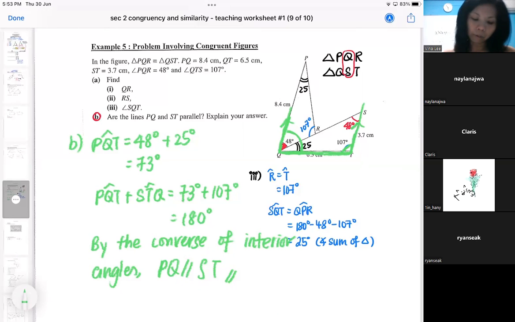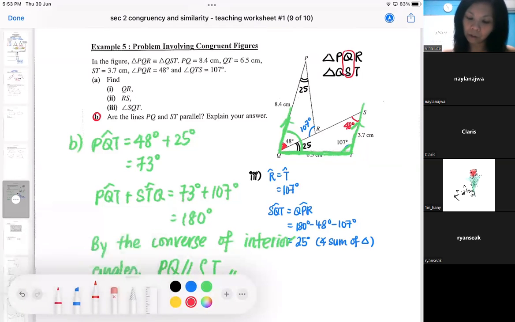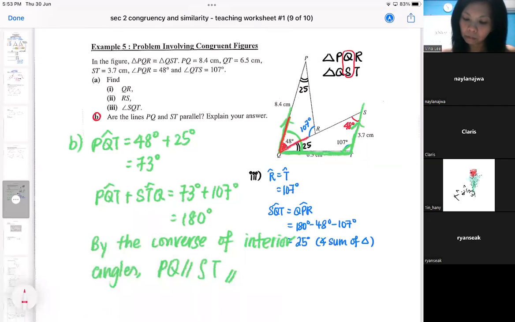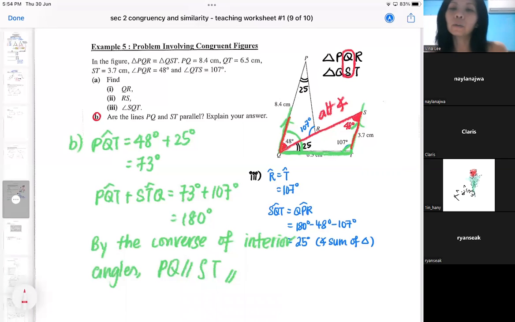Another possible one: some of you may quote this matching. If you say that these two are the same, they are the same due to congruency. But that also matches the idea of alternate angle. So you can use the alternate angle as well if you would like to use the 48 degrees.